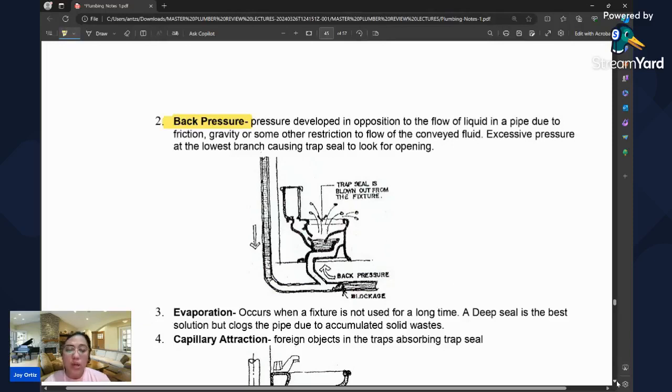Kailangan natin ng bomba. It's because of the pressure. We need to pressurize ulit para at least maalis yung nagba-back pressure sa mga toilet bowls natin.